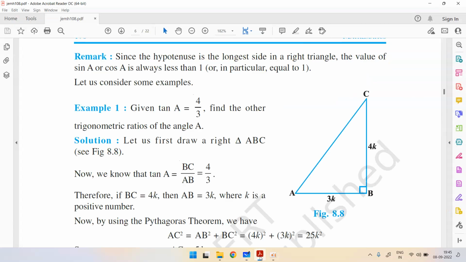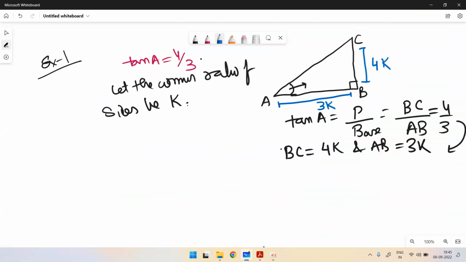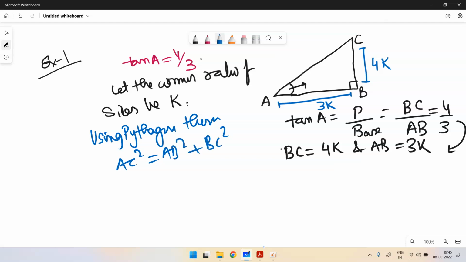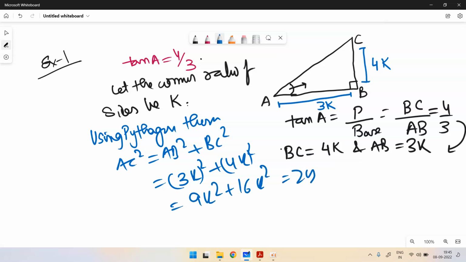The question says find the other trigonometric ratios of angle A. Now, this is 90 degrees and you don't know AC, so using Pythagoras theorem, AC square equals AB square plus BC square. That is 3k square plus 4k square, which is 9k square plus 16k square, nothing but 25k square.